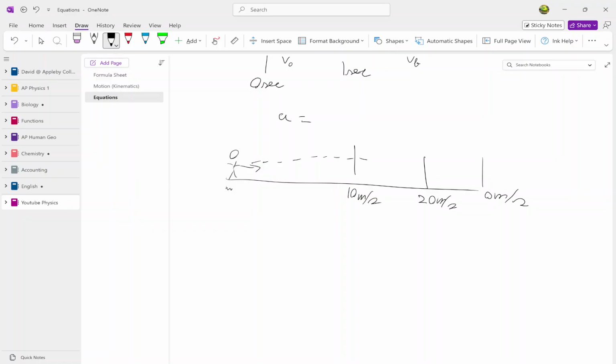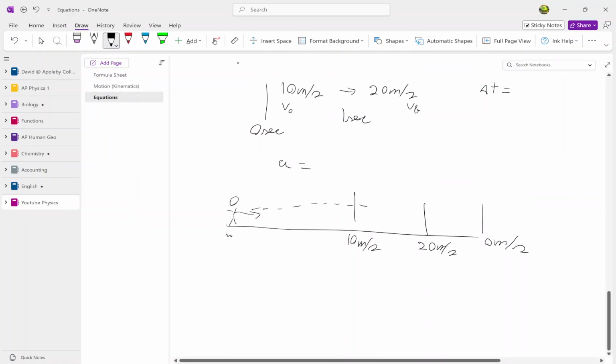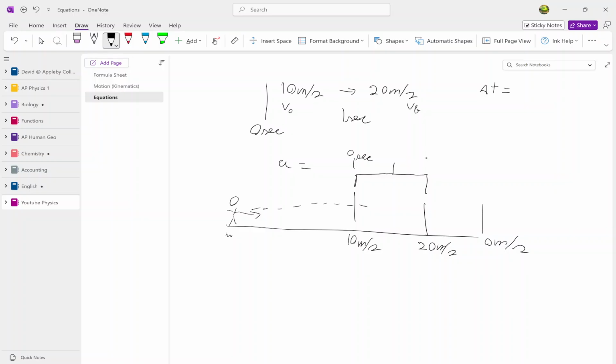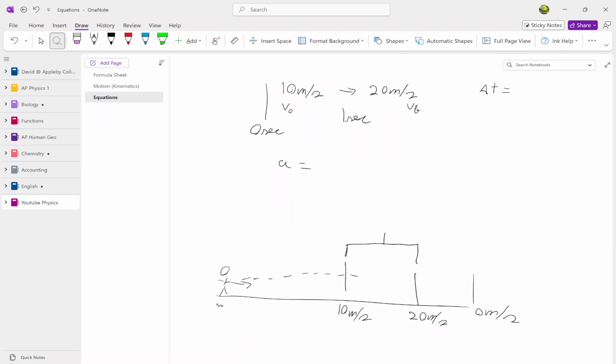The time of 0, the time where we start this whole process, can be chosen anywhere. This is very important, and you have to remember this so you don't get tricked. In this case, we're only looking at this area right over here. So this would be my 0 second for the actual equation, and this would be the 1 second. Just try to remember that. Let's move this somewhere else so it doesn't bother us. Here we go.